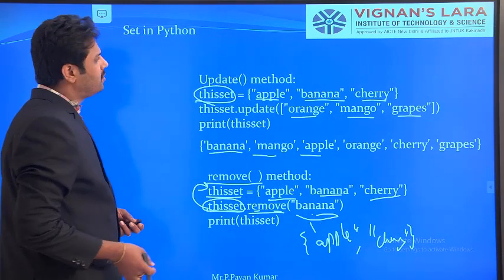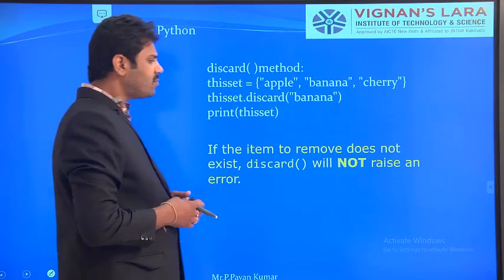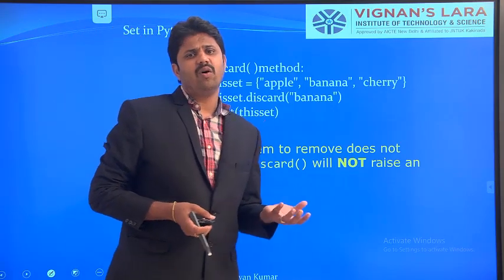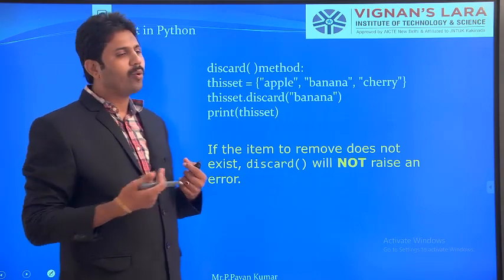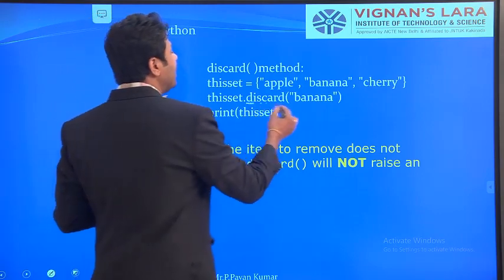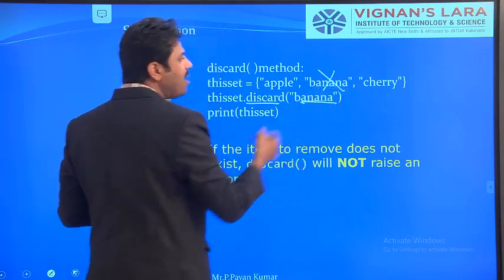Like this it contains. Next, discard. Discard does the same thing. If you want to remove any element, you can simply use discard. Discard banana. It removes banana in the set.